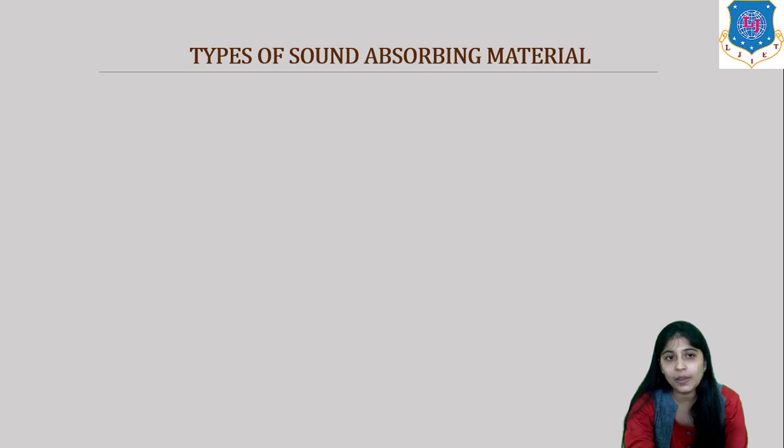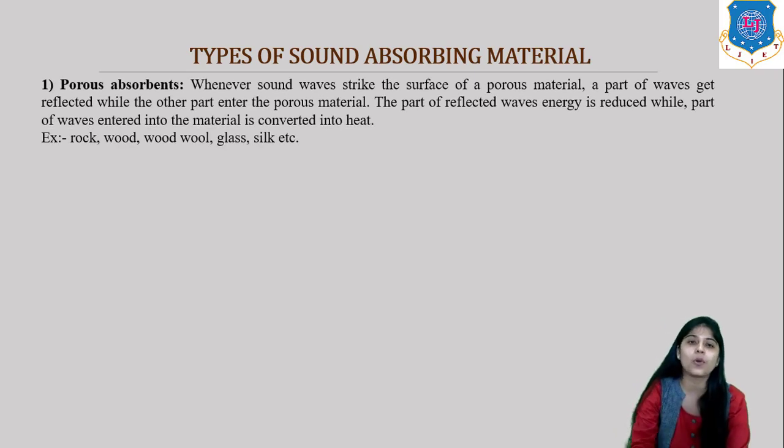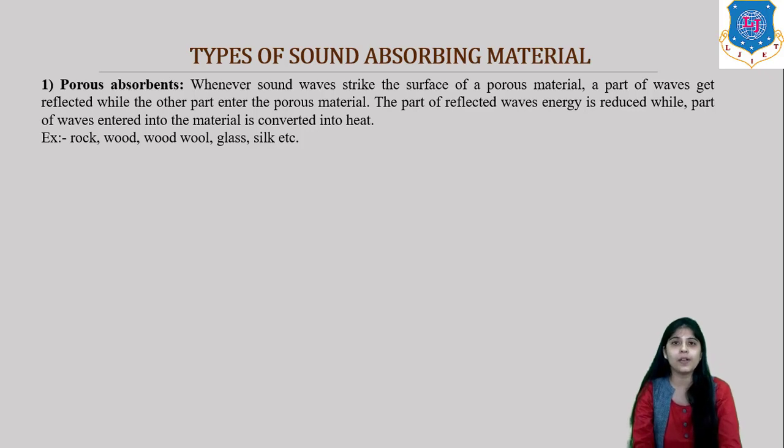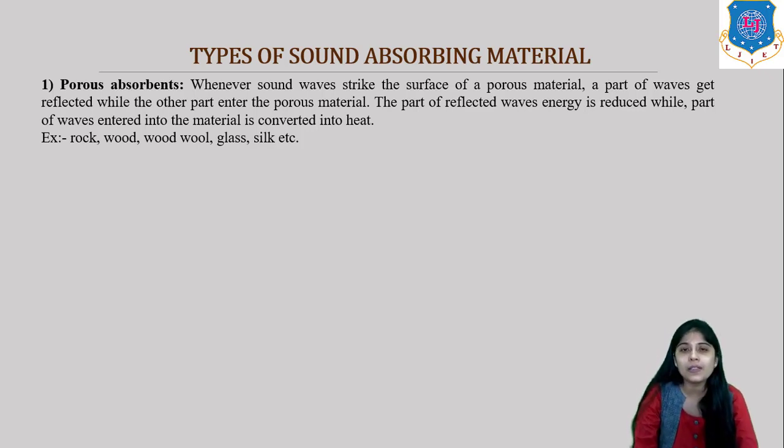Let us first start with porous absorbents. Porous sound absorbing materials are materials which have tiny holes or pores in them. Whenever sound strikes the surface of a porous material, a part of the sound waves gets absorbed by the material, and a part is reflected back, which is then converted into heat.